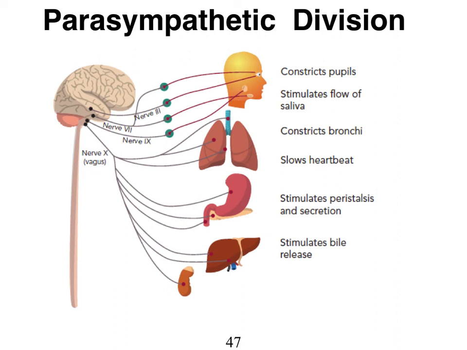Because you're not breathing as fast, the airways in your lungs, known as bronchi, would also constrict to reduce airflow. So in general, the idea is that you're going to slow down the processes that you needed when you were trying to escape, and then switch on digestion processes like glands that help to secrete enzymes and acid, and also the smooth muscle in your digestive tract, like in the stomach.